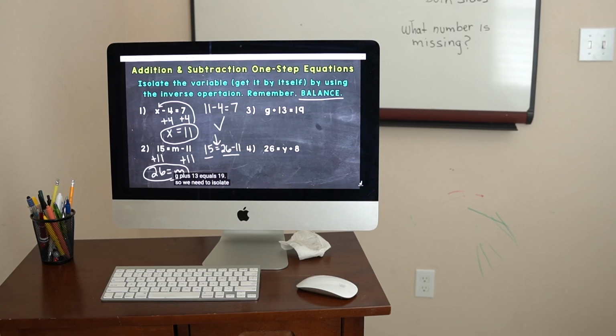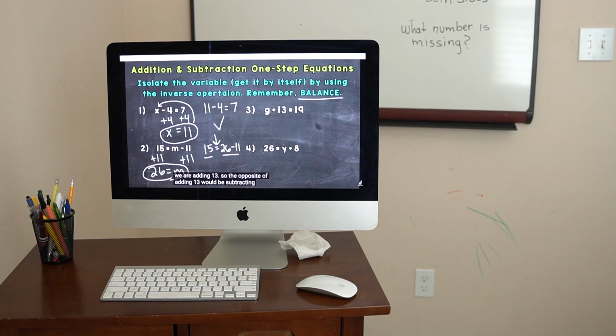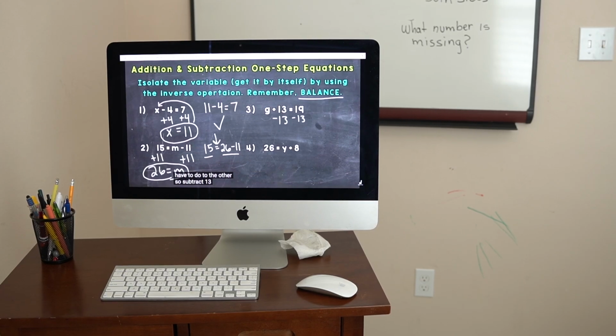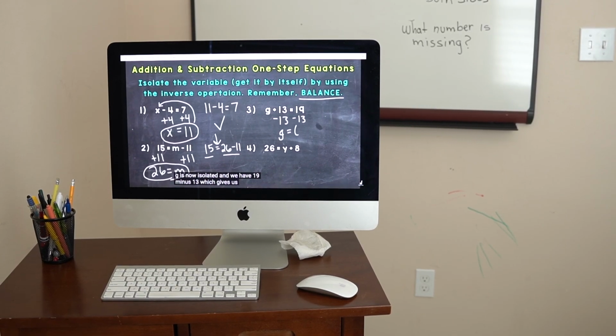So we need to isolate the g, the variable. We are adding 13, so the opposite of adding 13 would be subtracting 13. That way those 13's cancel out. But remember, whatever we do to one side, we have to do to the other. So subtract 13 from the right, that 19 over there. G is now isolated, and we have 19 minus 13, which gives us 6.